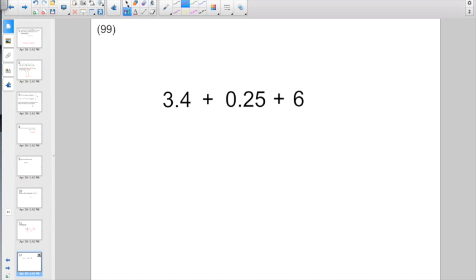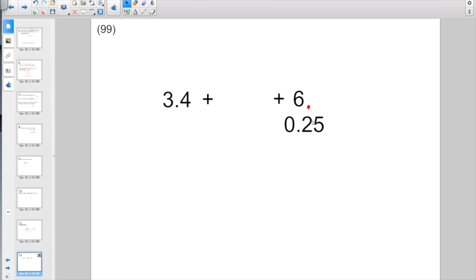Here we have 3 4/10 plus 25 hundredths plus 6. Remember the rule. If one number is written with a decimal point, they all must be written as a decimal, because I have to use the decimal points to line the numbers up.